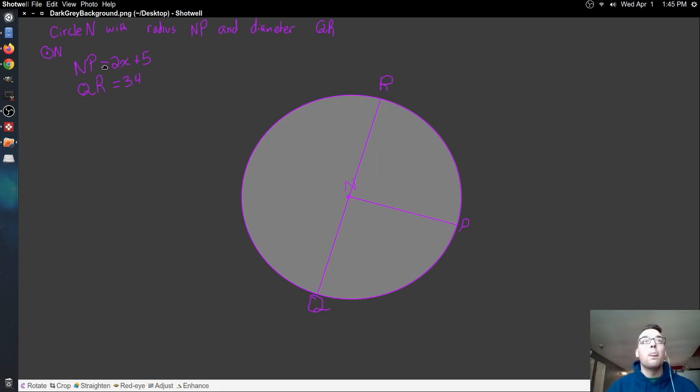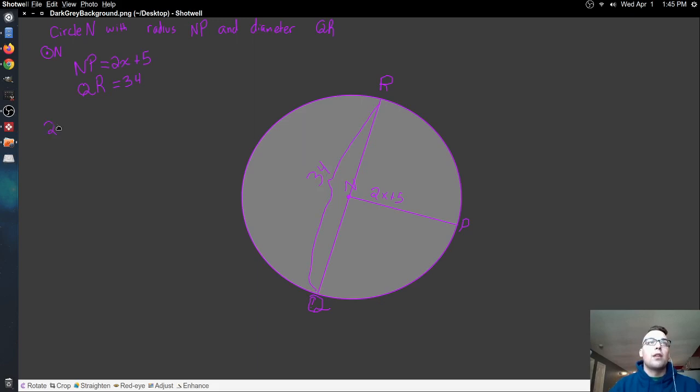Okay, so what I would do here is I would say, I know that any diameter is twice the size of its radius. So I know if I take NP, this radius, which I labeled as 2x plus 5, and double that, I'm going to get the diameter, which is 34.